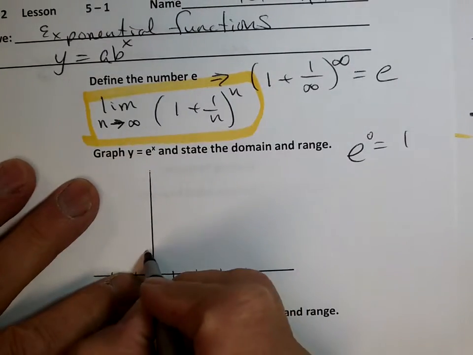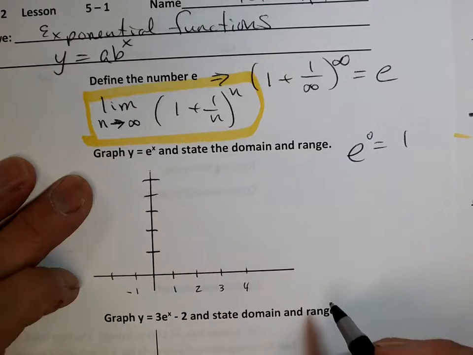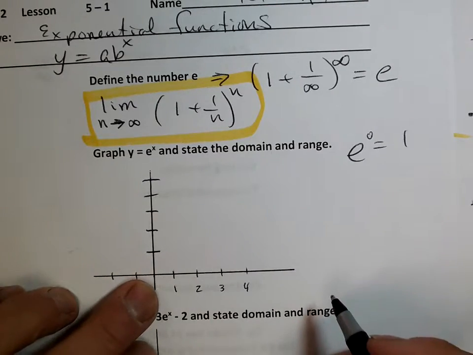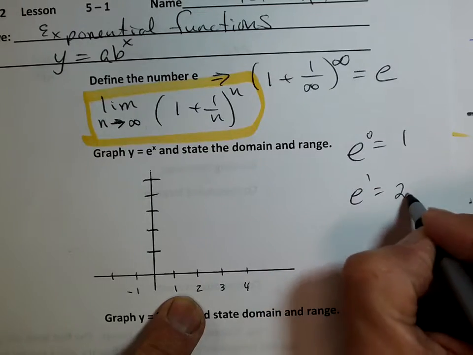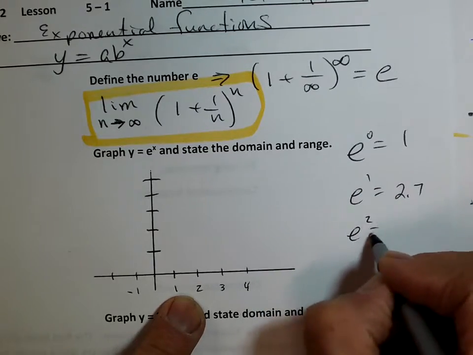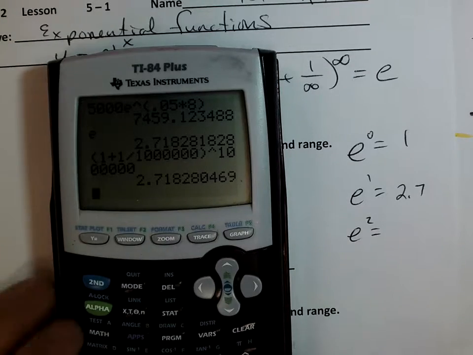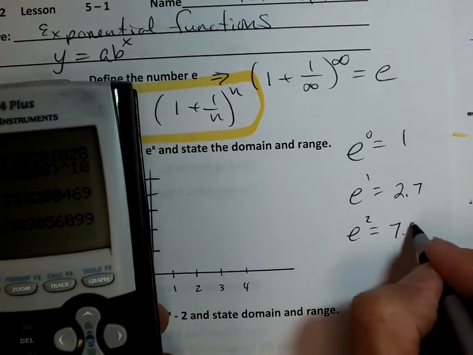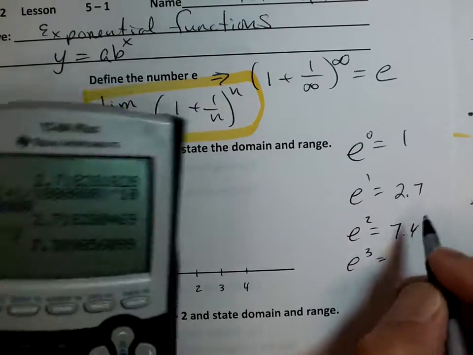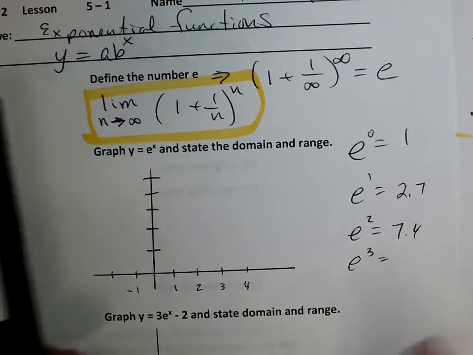So on this axis, 1, 2, 3, 4, 5, I might even need to get bigger. e to the 1 is 2.7. e to the 2, I'm just using my calculator, is about 7.4. e to the 3 power is about 20.